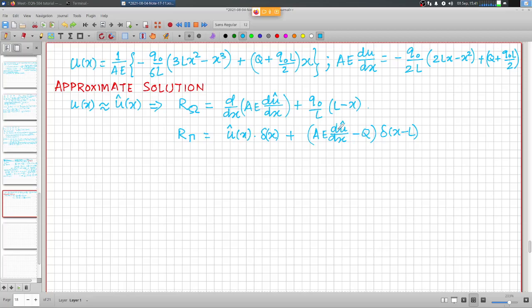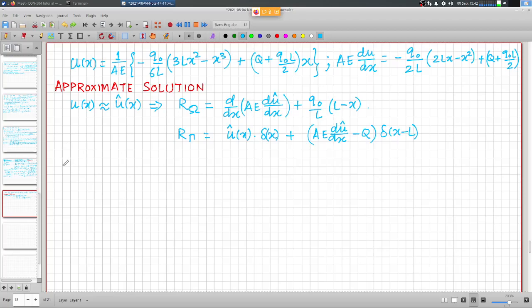And this represents whatever is the difference ae times du by dx at x is equal to L minus q. So that is the error in the boundary condition at x is equal to L. That's the Dirac delta function with argument x minus L. So this function is the discontinuity at x is equal to L.